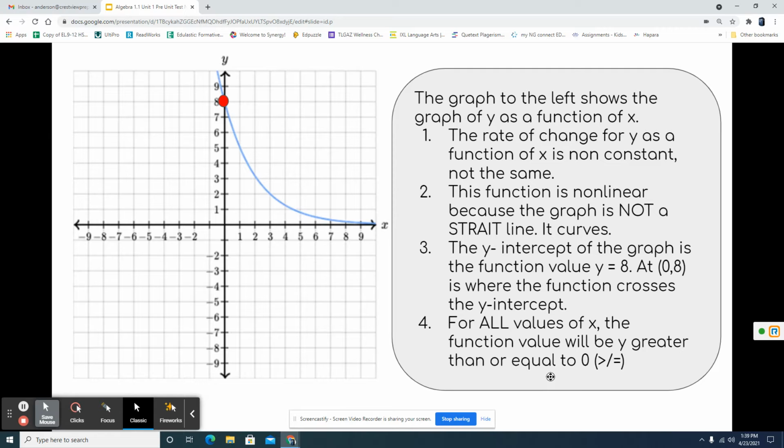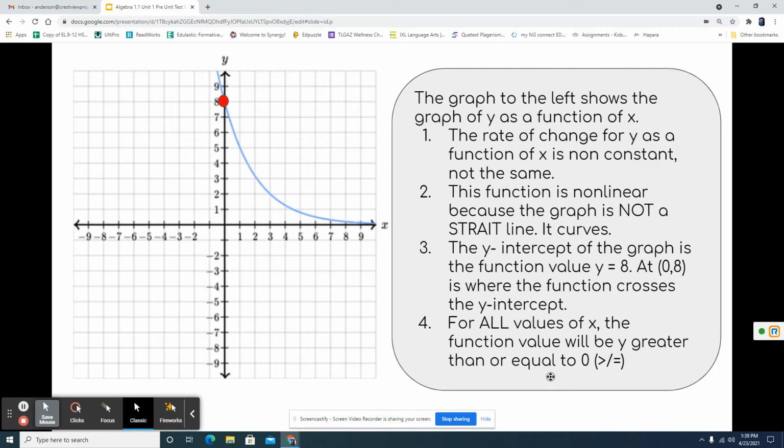All right, so we've got another function here. It's nicely curved. The graph to the left shows the graph of y as a function of x. The rate of change for y as a function of x is non-constant, meaning it's not the same. This function is nonlinear because the graph is not a straight line. It curves.